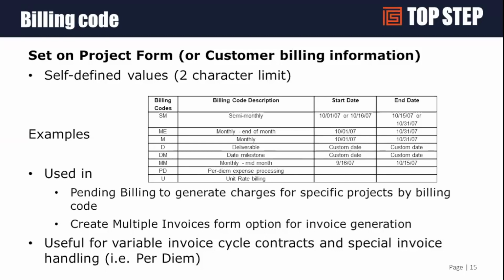There's a lot of filtering options now with the pending billing report that weren't available back in the day. So the pending billing itself doesn't necessarily have to rely on this too much. But when you're doing the multi-invoice create, now this becomes something that's a little bit more usable when you're dealing with international customers, where you're dealing with international projects, and Latin America wants to pull only their invoices and generate only their invoices.